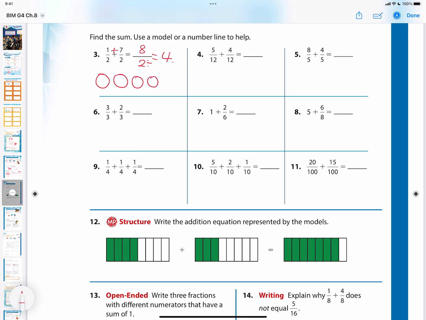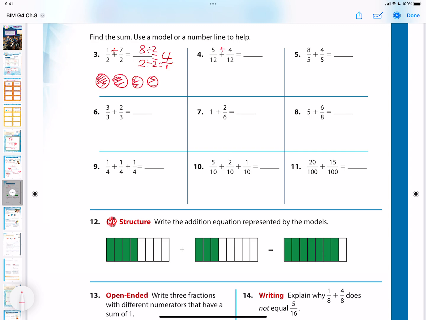Another way, you can divide 2 into 2. It's going to be 1 whole, right? And then over 4. Okay? So that's equal to 4, because each pie is 1 whole, and 1, 2, 3, 4 are taken out of 1. So 4 pies.